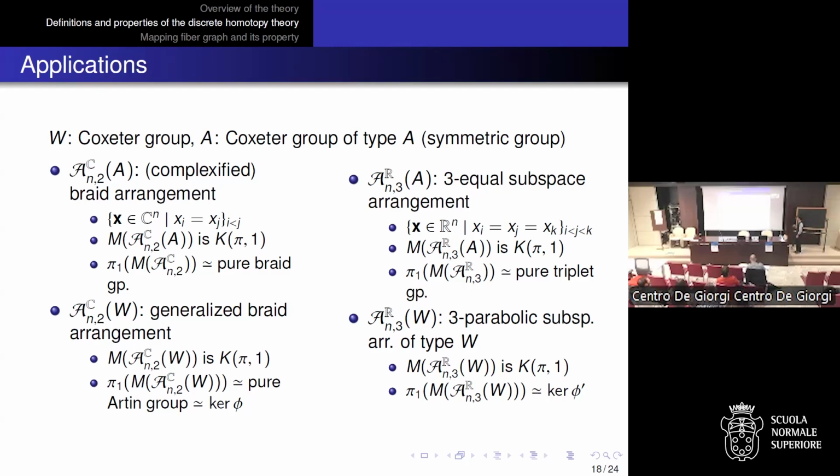Then such an arrangement is, in this case, not a hyperplane arrangement but a subspace arrangement. In particular, this is called the 3-equal subspace arrangement, and its complement is also known. Of course, we can also generalize A to W, and so on.